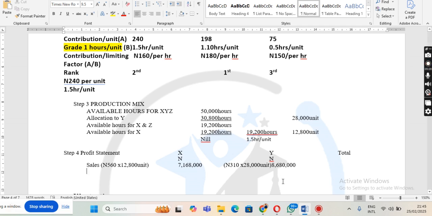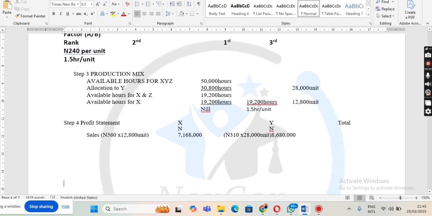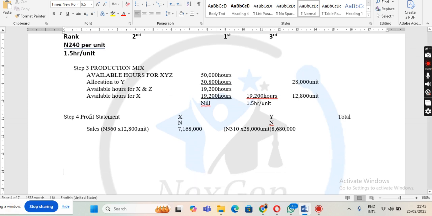So variable costs per unit. Let's total it for the one of X and the one of Y. Class, we need to work smart.